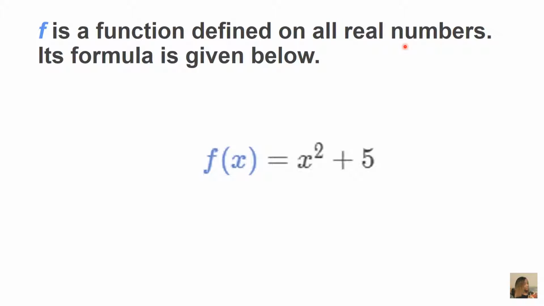So real numbers include just about every number except for imaginary numbers. Okay? And so back on track, its formula is given below. That is the formula for function f. So f of x, f as a function of x, is x squared plus 5.